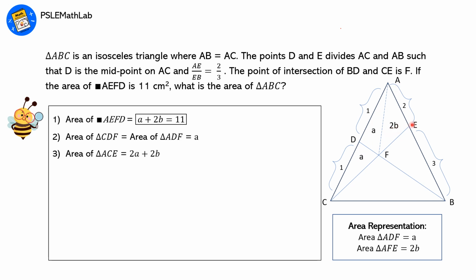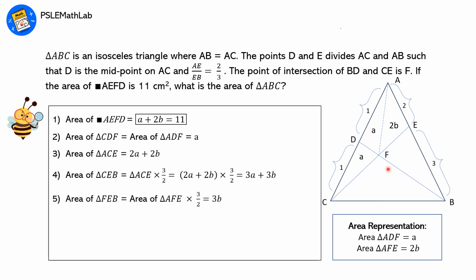And since the ratio of AE versus EB is 2 to 3, we can easily calculate the area of CEB to be the area of ACE times 3 over 2. This gives us 3A plus 3B.